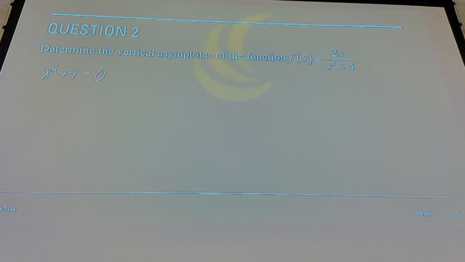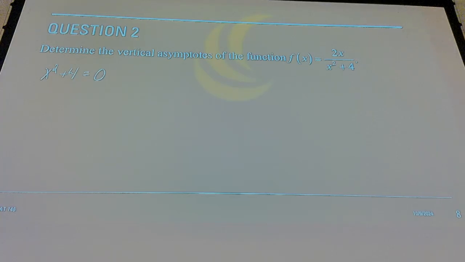x squared plus 4 is the denominator. Set it equal to 0. What's wrong with that statement? The complex number.